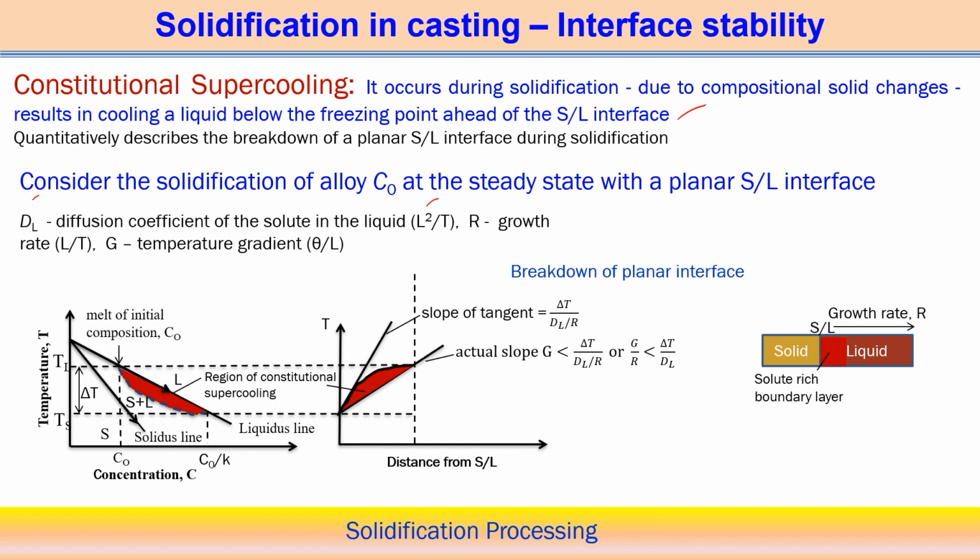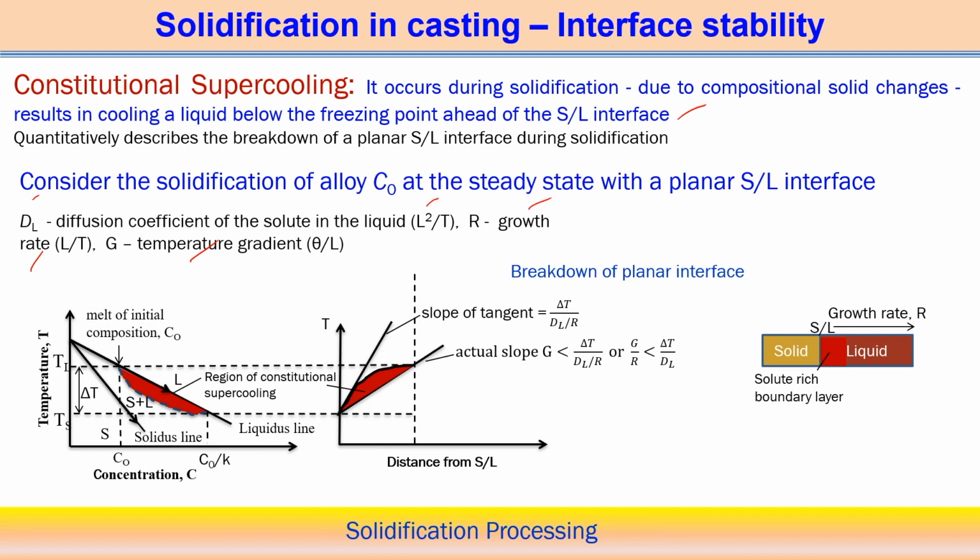Its dimension is L squared by T, length squared per time, where T indicates time. R is the growth rate, length per unit time, and G is the temperature gradient, temperature by length. These are the solidification parameters, R and G, which deal with the diffusion coefficient of the solute in the liquid.